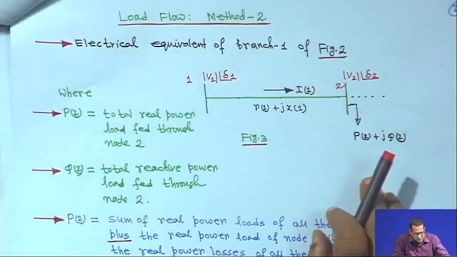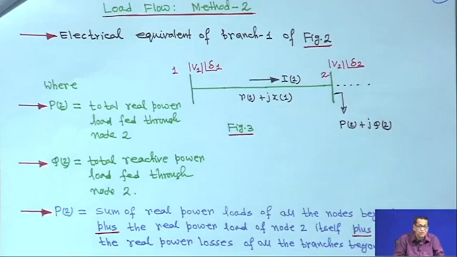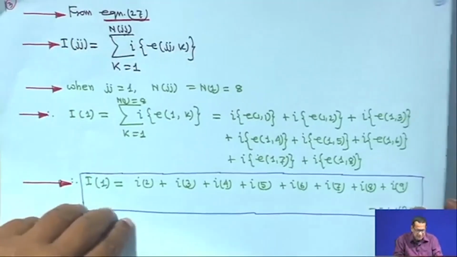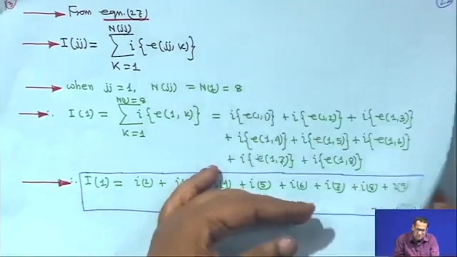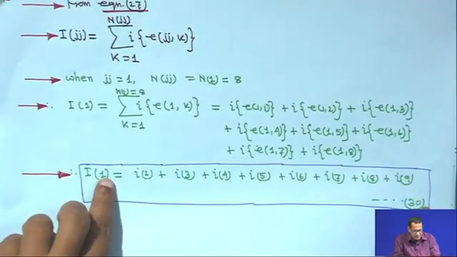Now, the load flow method. We have to come to how we will solve the load flow. This is the branch current evaluation.